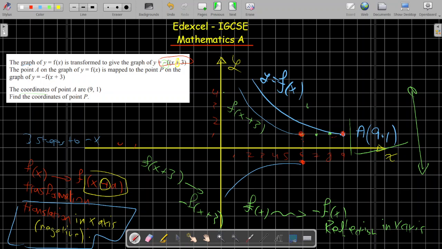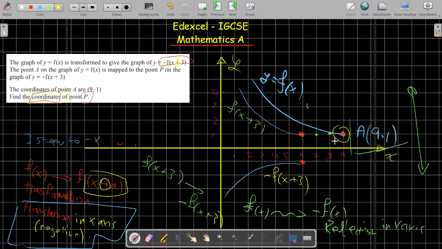Now this is my graph of what? This is representing minus f(x plus 3). Now what do you need to know? I need the coordinates of P. It's easy to do it right now because you are able to see the mapping that happens.